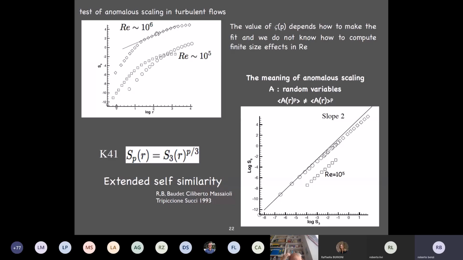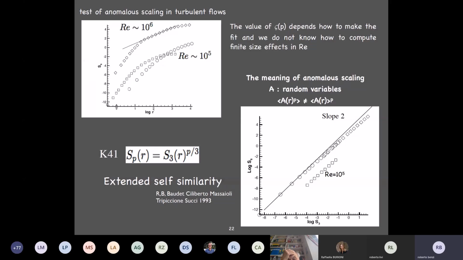So you see that now you can clearly observe deviation from the scaling predicted by Kolmogorov, and therefore, at least for these cases, you are able to compute the anomalous scaling property of turbulence with a precision which is enough to observe whether anomalous scaling is present or not.